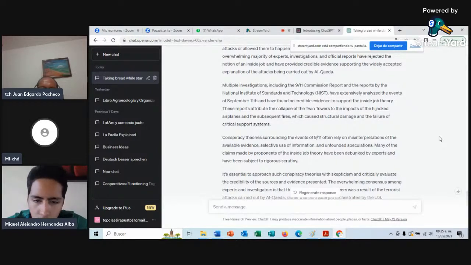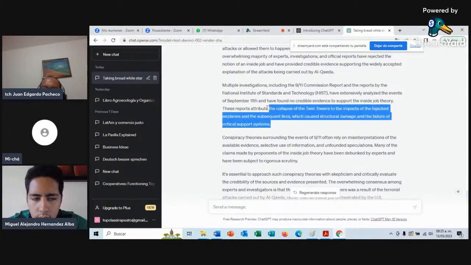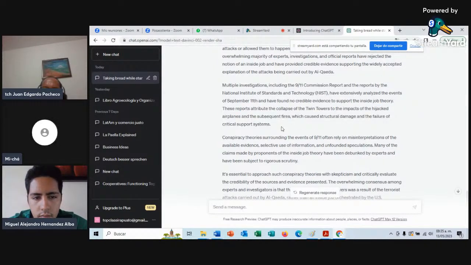These reports attribute the collapse of the Twin Towers to the impact of the hijacked airplanes and the subsequent fires, which caused structural damage and the failure of critical support systems.